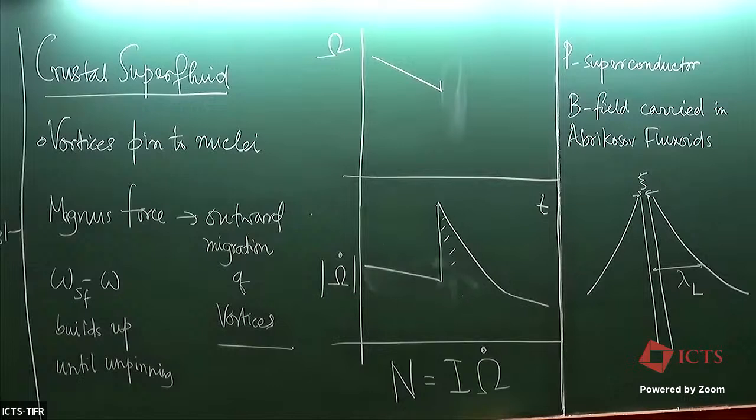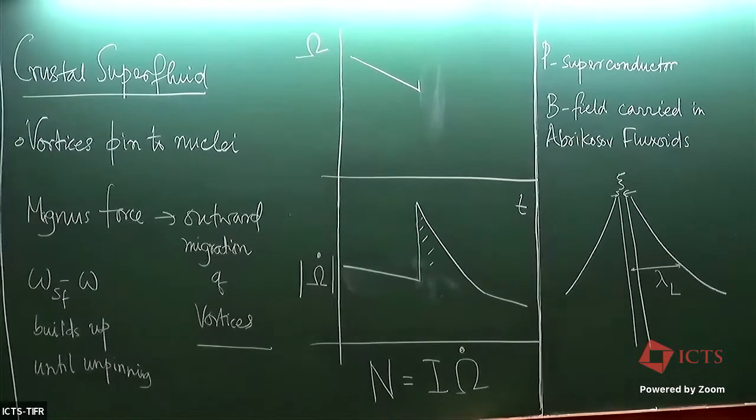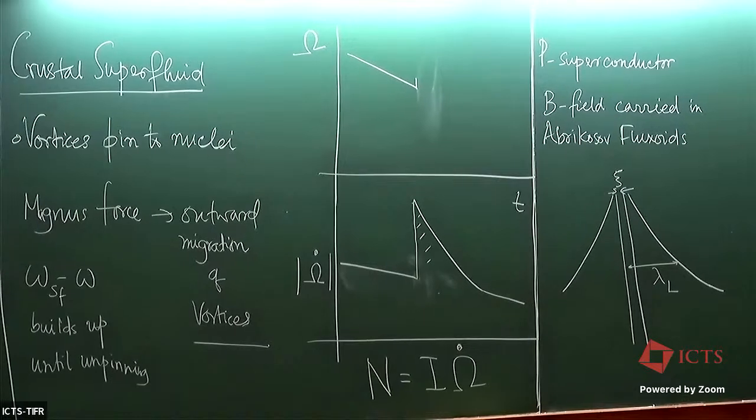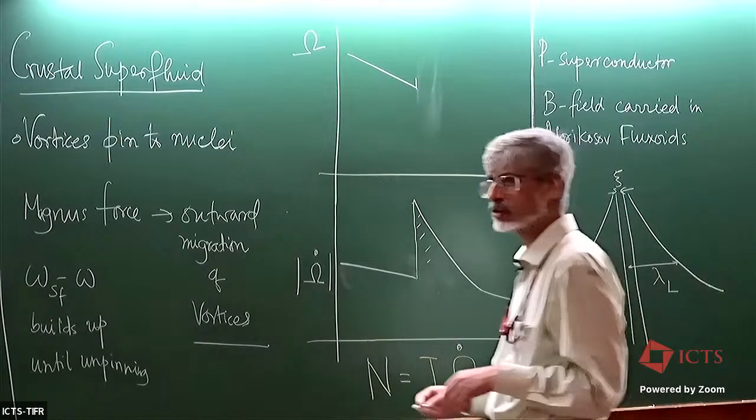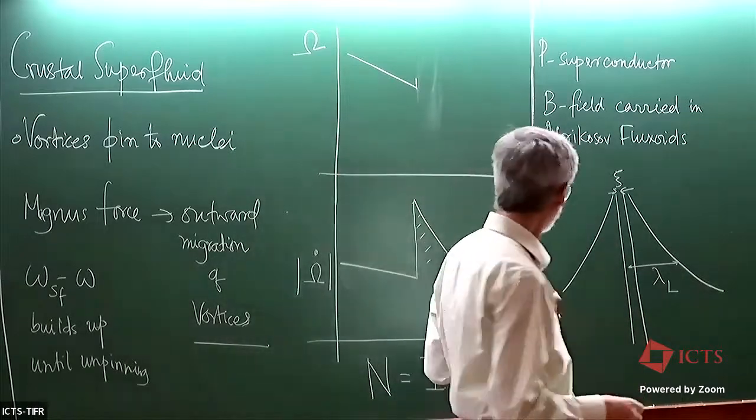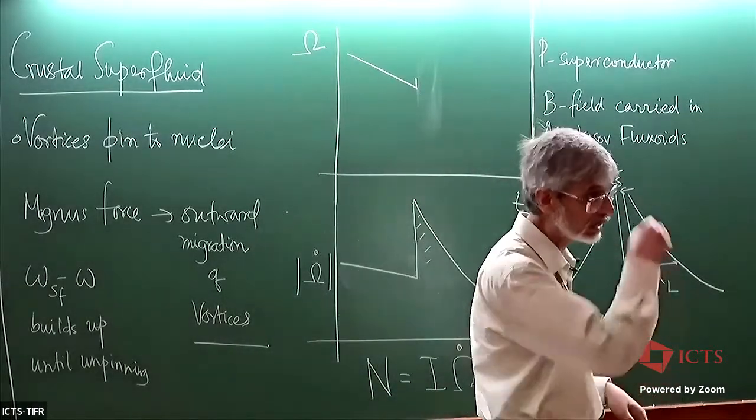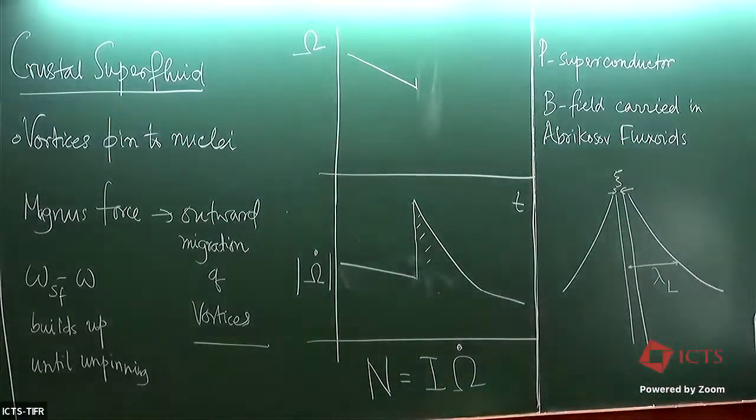So this kind of structure is only possible as long as xi is significantly less than lambda L. In fact, the condition is that lambda L by xi must be larger than square root of 2. Only then a fluxoid structure like this is possible. They're called type 2 superconductors.